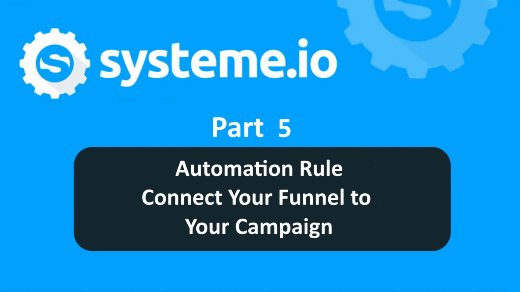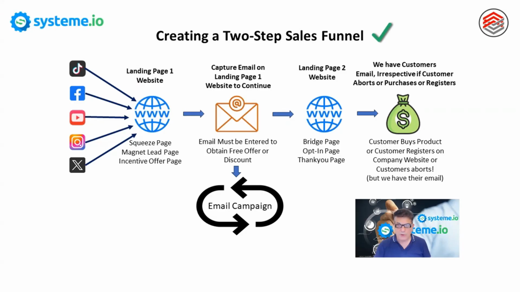Okay, now we move on to part 5, where we join everything together so our campaign can run automatically. This is done through an automation rule where we connect our 2-step funnel to our campaign. Let's recap what we've achieved so far. Using the free trial of Systeme, we're able to create a 2-step sales funnel.